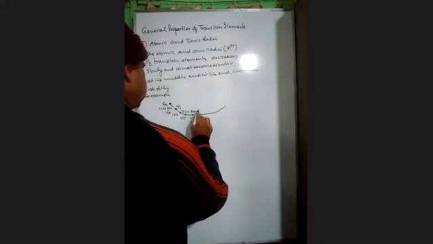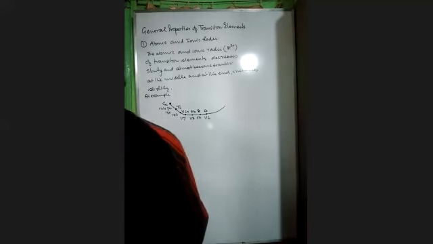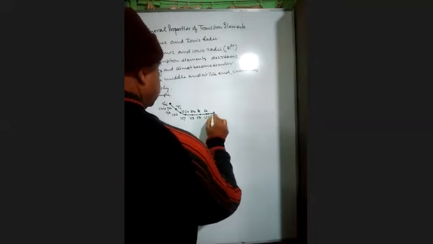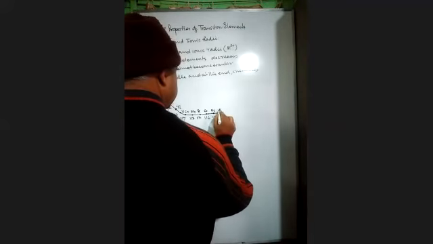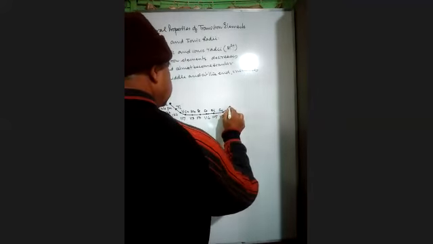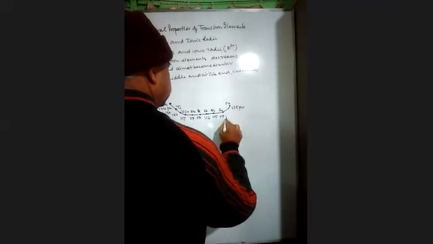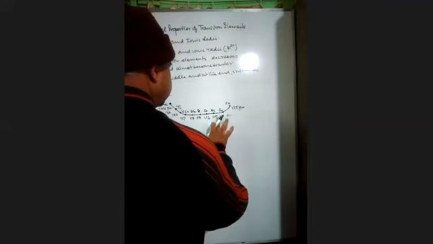Then iron, 117. Then cobalt, 116. Then nickel, 115. Then copper, 117. And then zinc, 125 picometer. Okay? Forget about picometer, you know it. No space to write.